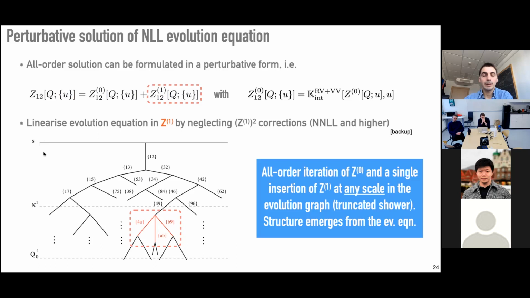Then you run the shower using this evolution equation up here on the right, but that shower doesn't have Q naught or lambda as a cutoff, it has kappa. So the shower is interrupted at kappa. Now, at kappa, that is the scale of the insertion, you generate the insertion.